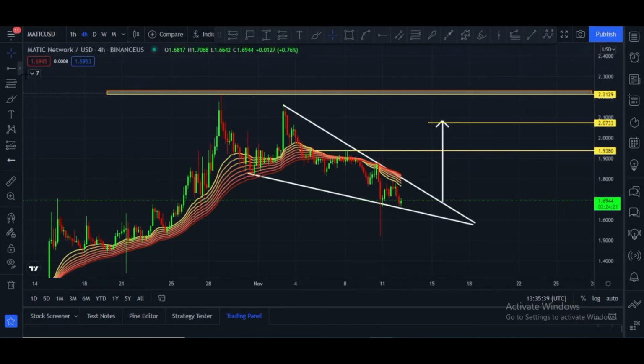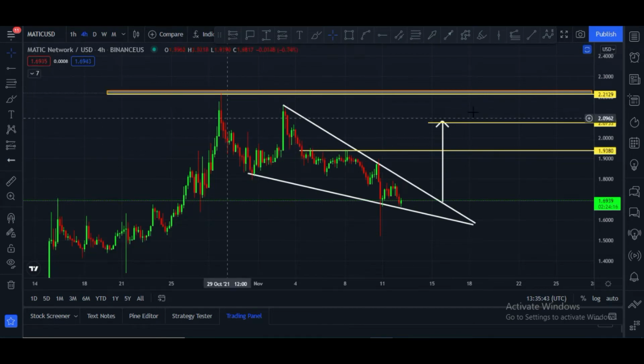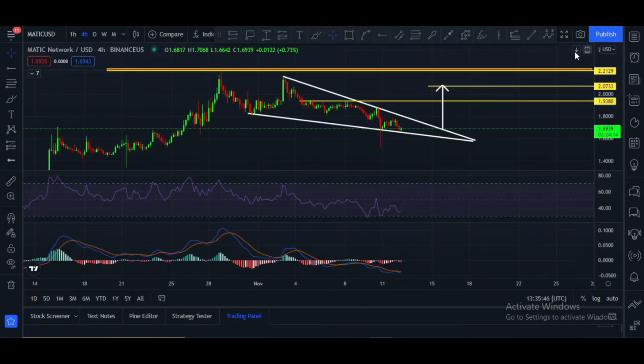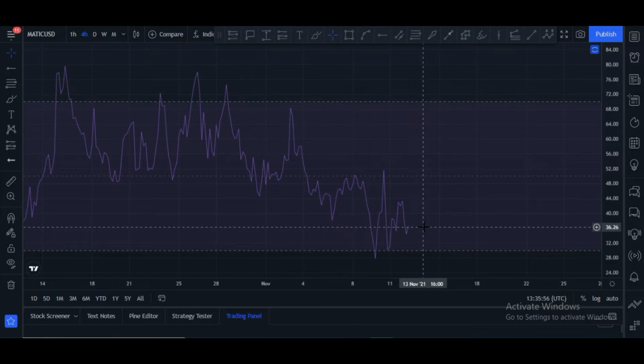Let me hide this and show you RSI and MACD. Here you can see the 4 hourly RSI is at 36, and it is bearish, but it is turning towards the upside. That is a good sign. Once it crosses the 50 point, definitely price will go up.